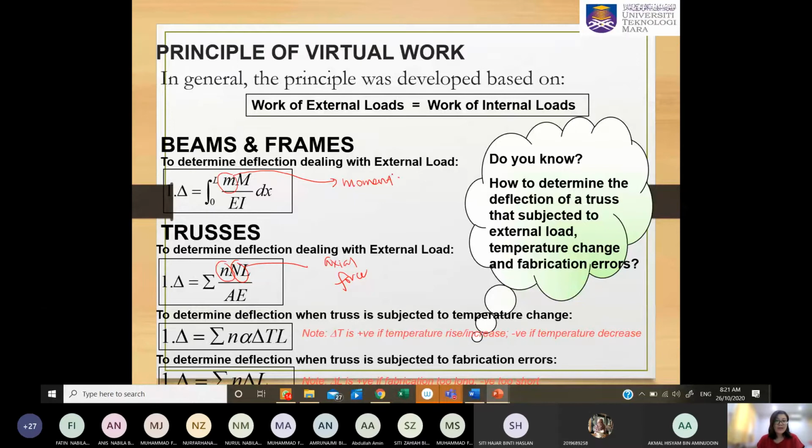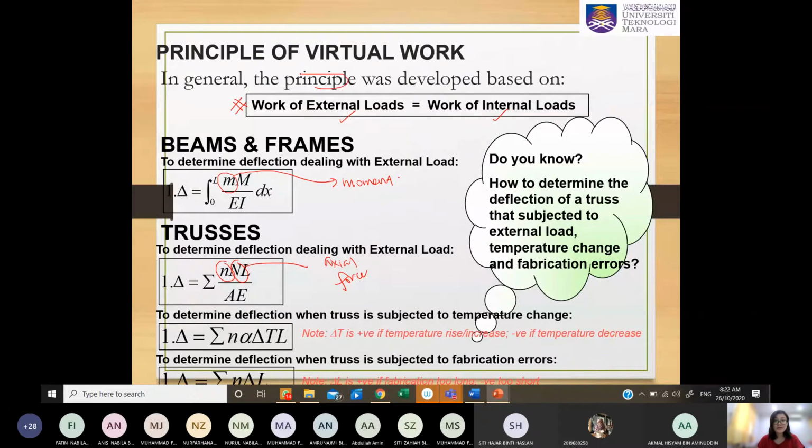Again, for this moment, there are 2 moments. Maybe you can already guess what the small m and the big M here mean. Just to go back again for those who have forgotten, the very important principle in virtual work is that you need to make sure that whatever is done externally must be reflected internally.